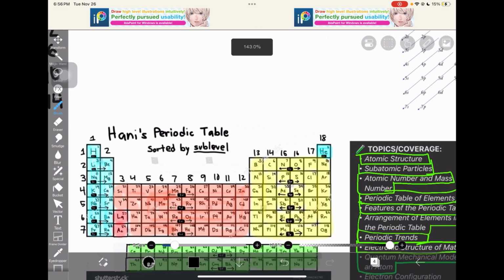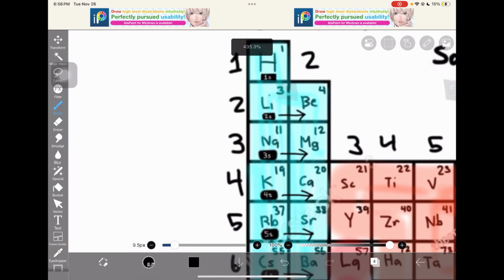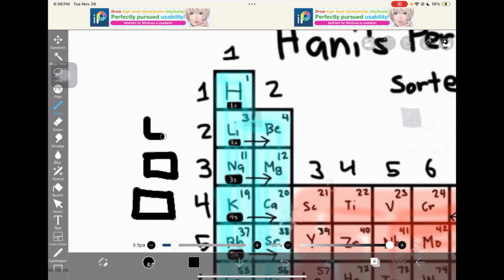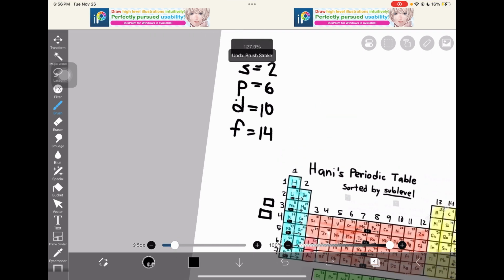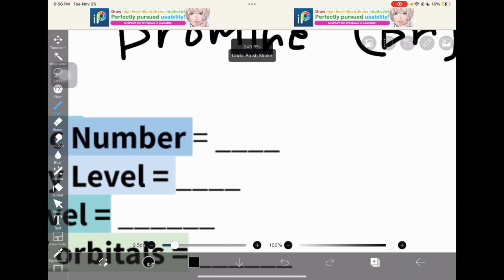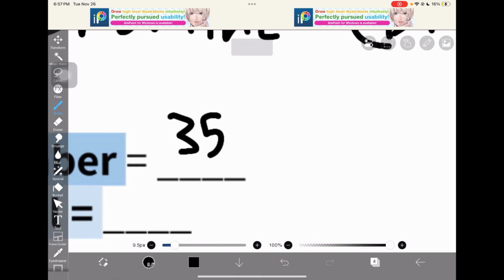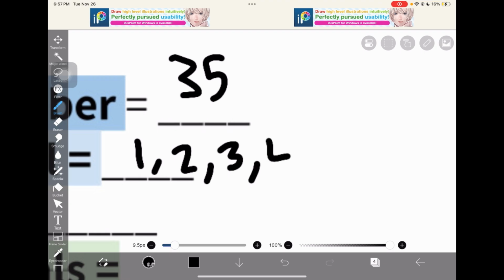So bromine is located over here at 35, and it's in the 4th energy level, which means it's also 3rd, 2nd, and 1st. I mean 4th period, but it occupies all of these energy levels. So the energy levels are, the bromine atomic number first is 35, then occupies energy levels 1, 2, 3, and 4.